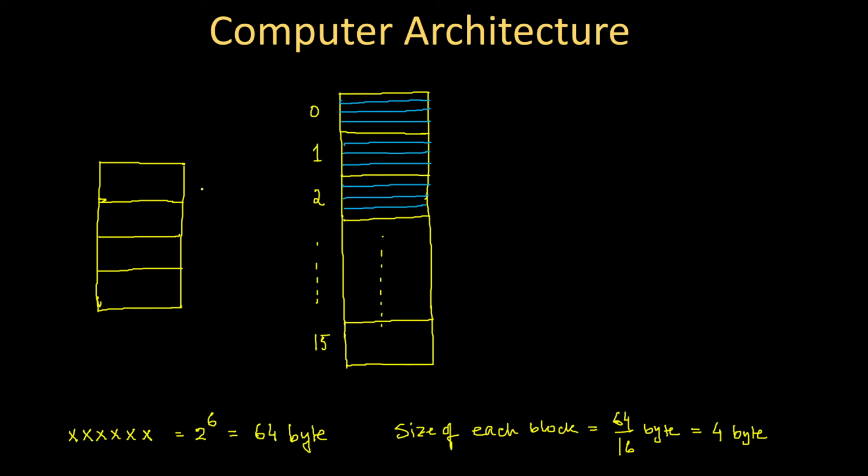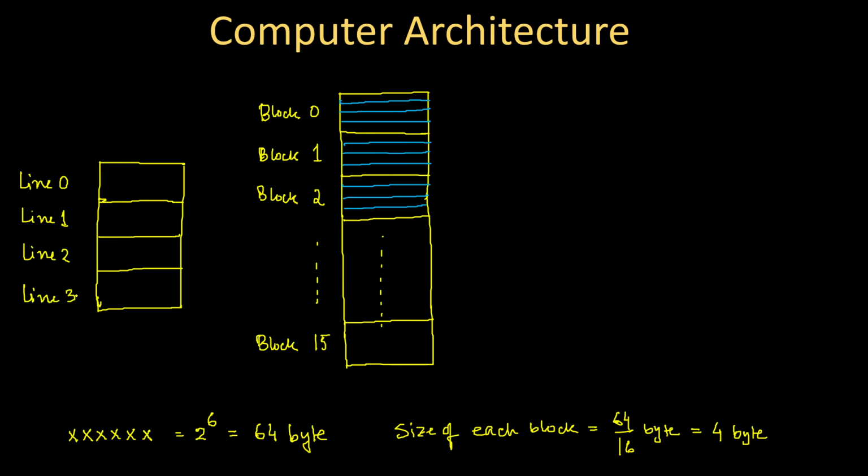What we say a block with respect to RAM, that is what we say line with respect to cache. Just like this is block 0, this is block 1, this is block 2, and in this way block 15. Similarly, this is line 0, this is line 1, this is line 2, and this is line 3.